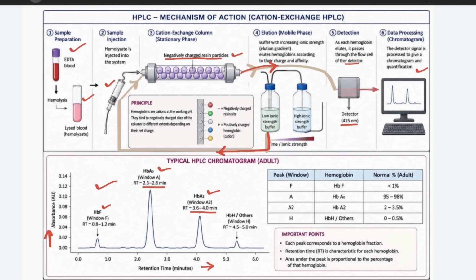So these retention times are characteristic for these hemoglobin fractions. Now comes the area under these peaks. The areas under these peaks are proportional to the amount of that hemoglobin fraction, which is expressed in percentage. In a normal blood, the fetal hemoglobin is less than 1%, the adult hemoglobin is 95 to 98%, and HbA2 is between 2 to 3.5%.